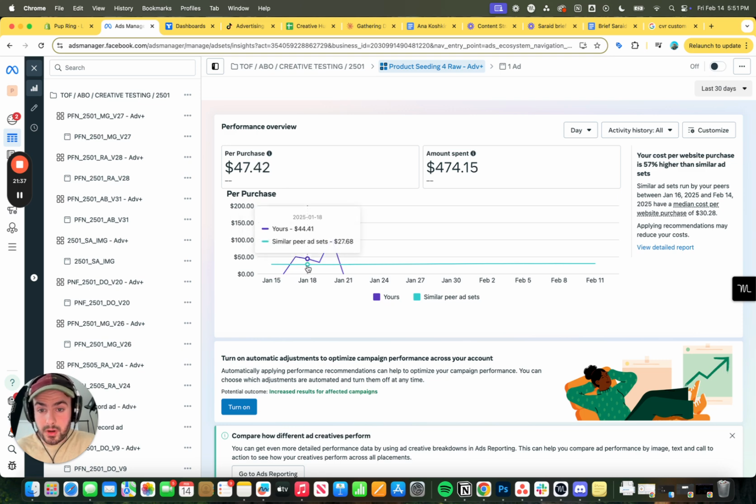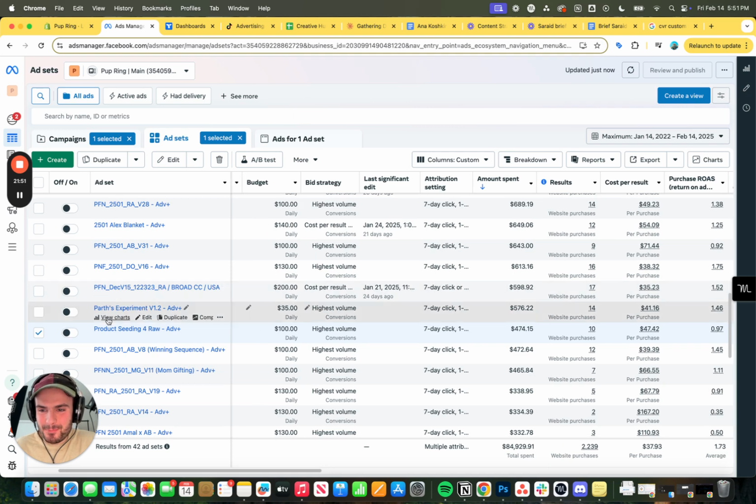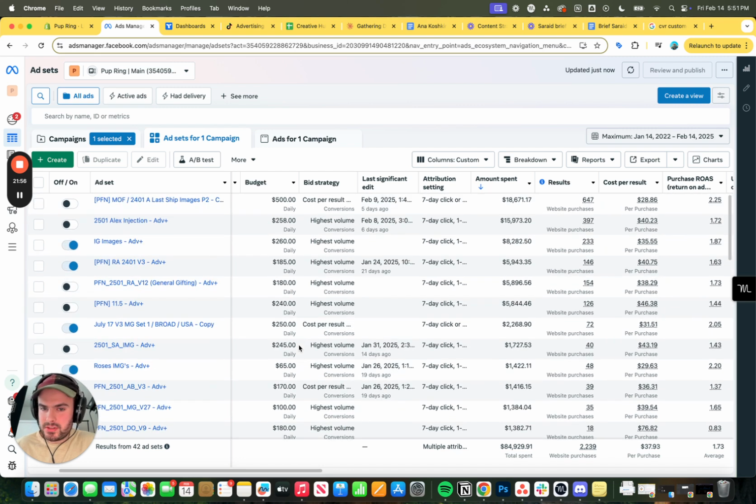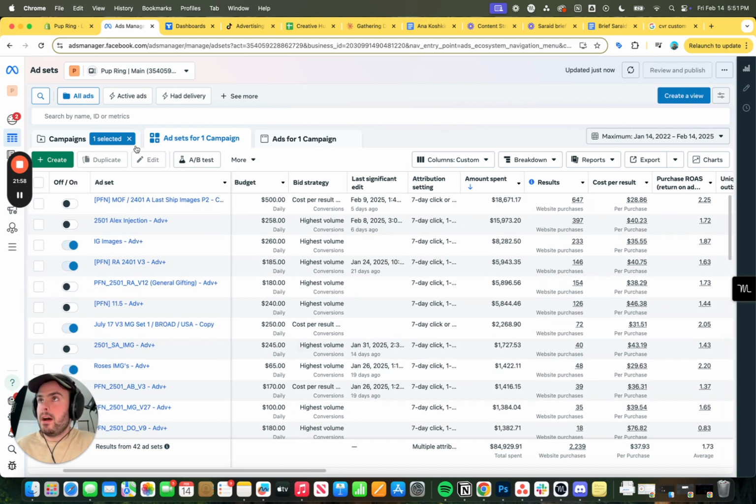I let this one run, but the entire time it's like $50, $44, $33, $106, it's just not heading in the right direction. Does that make sense? If it's not heading in the right direction, kill it. And the things that do work, you can increase budgets on. I'd say 20% a day.